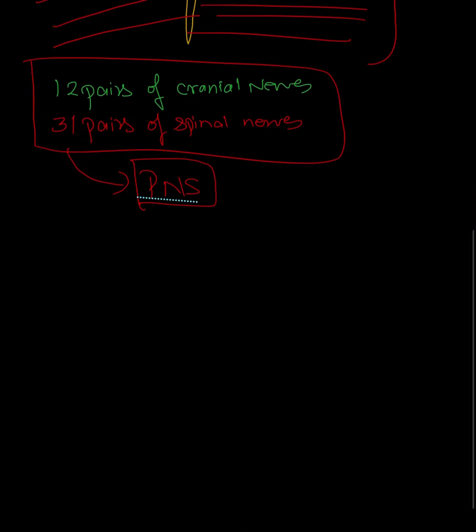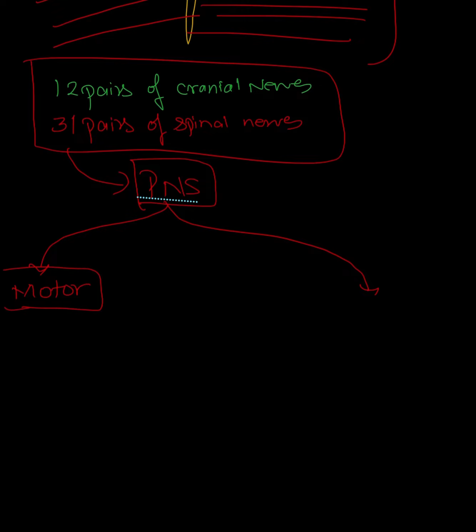Peripheral nervous system has both motor and sensory nerves. They are again of two types: motor and sensory.